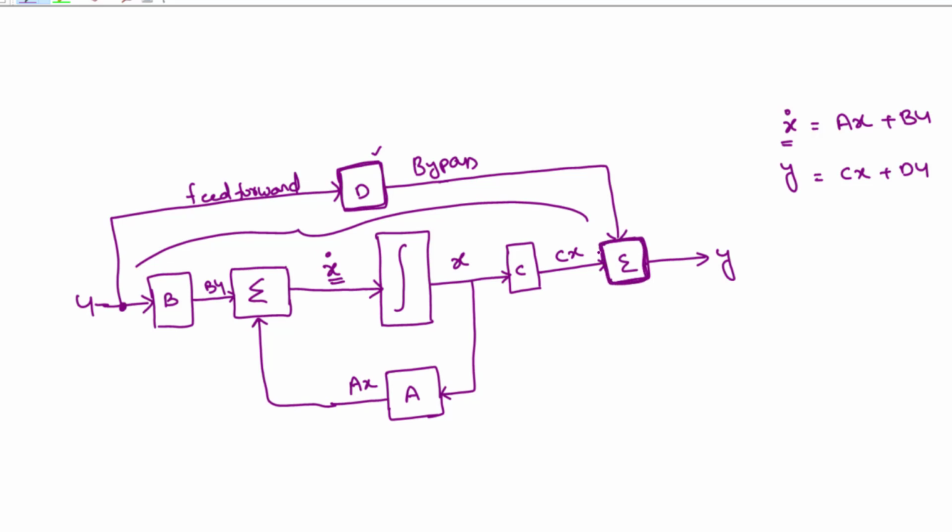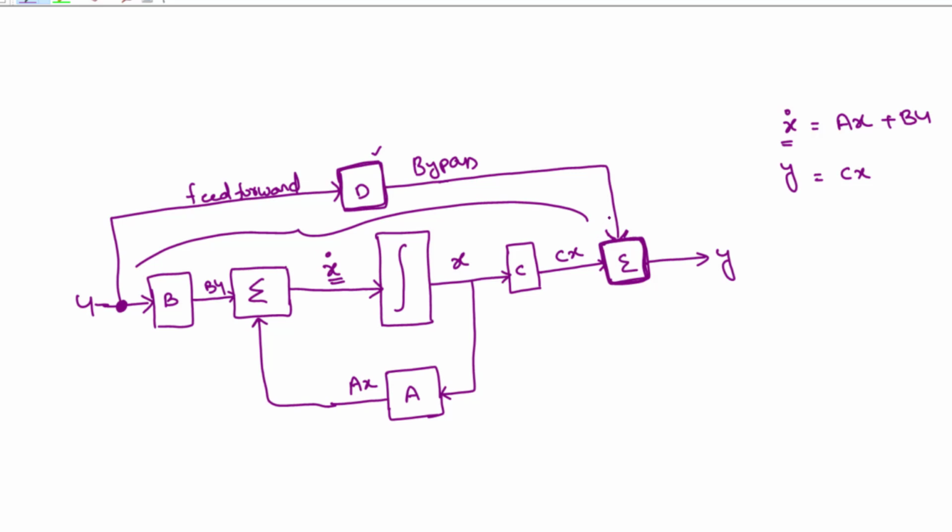In most state space equations you may not see this du information, because du will automatically add some input to the output. For example, if you are talking about a DC-DC converter and you are always adding some input to the output, the output will always be higher and higher, right?